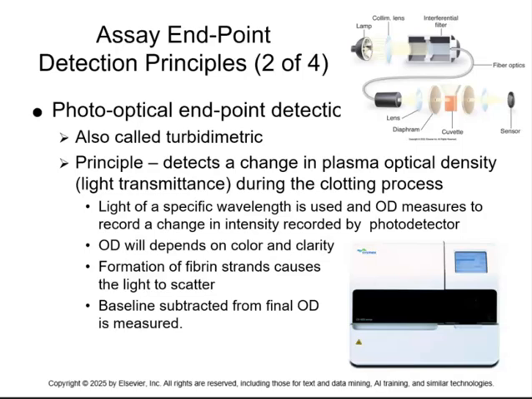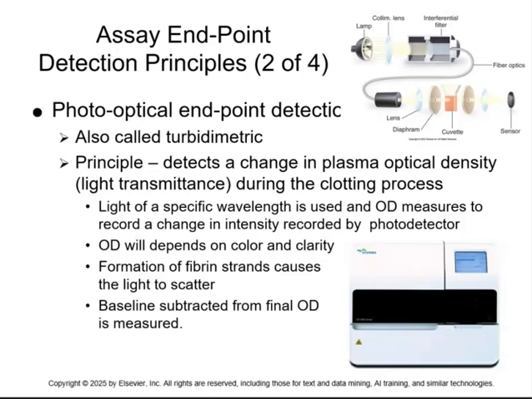Another assay endpoint is optical. We look at the detection there. It's called turbidimetric, another name for it. So here we've got a light. You inject the stuff into it, so a light's going through there. So it reads the transmittance of the light through, and then you add the stuff. And as it makes a clot, then the light going through changes, and the photodetector will pick it up.